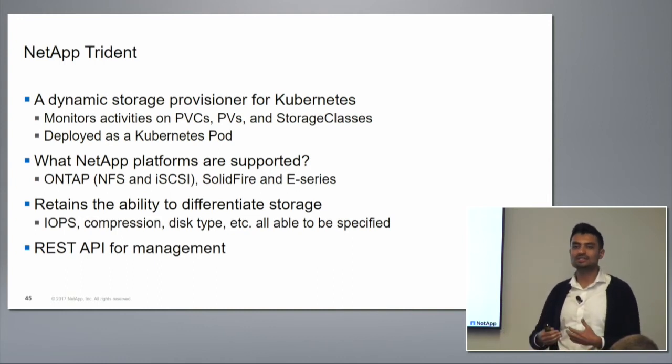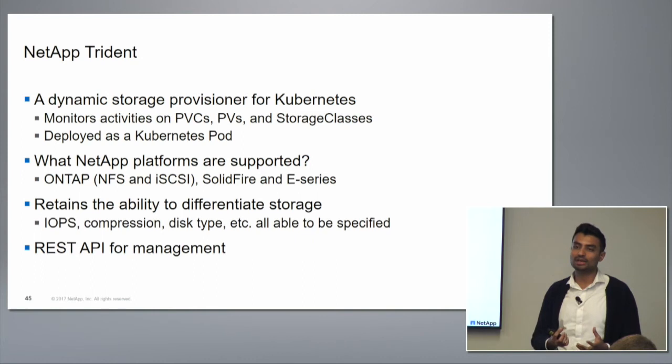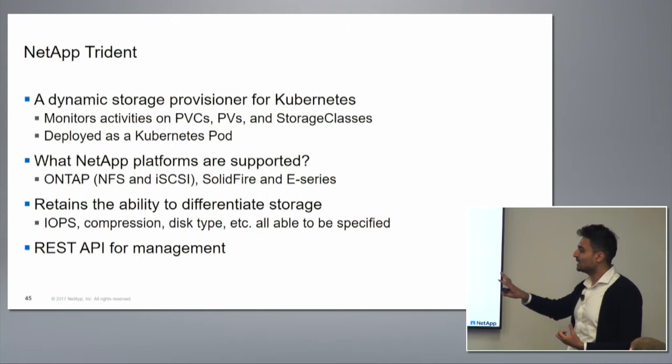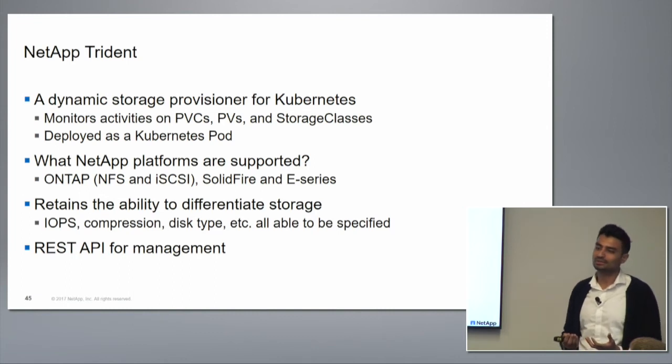And it itself runs as an application, or a pod, within Kubernetes. So it's not something running on a separate VM. It runs as a Kubernetes application itself in a container. And then you can use different kinds of storage features like compression, disk types, or IOPS, make these storage classes and offer them to the user.